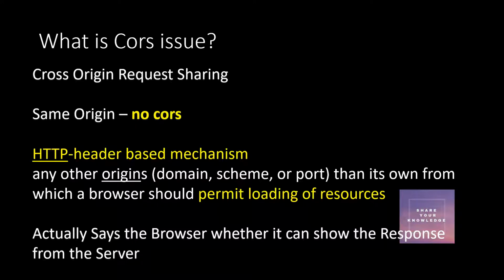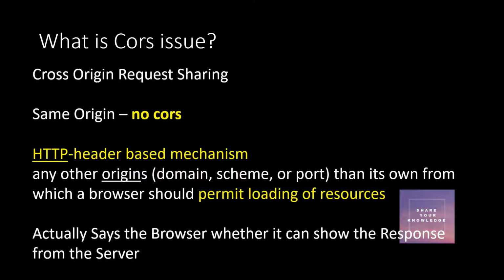For a cross origin, whether the browser has to load the resource or not, this is what CORS is about. Through the CORS headers, the browser gets to know whether it has to load the resource or not. So what is CORS?